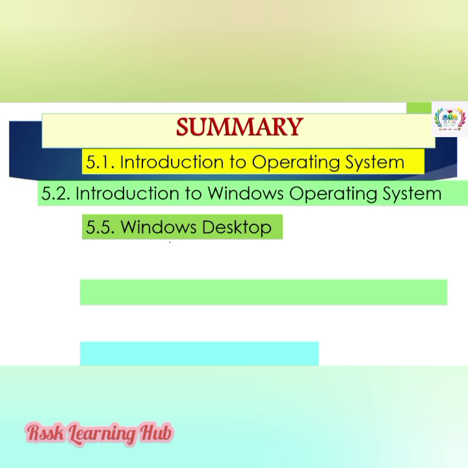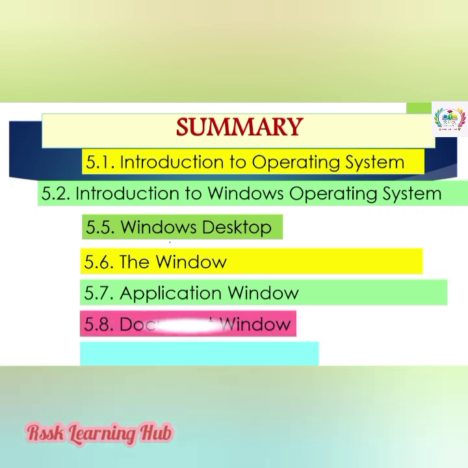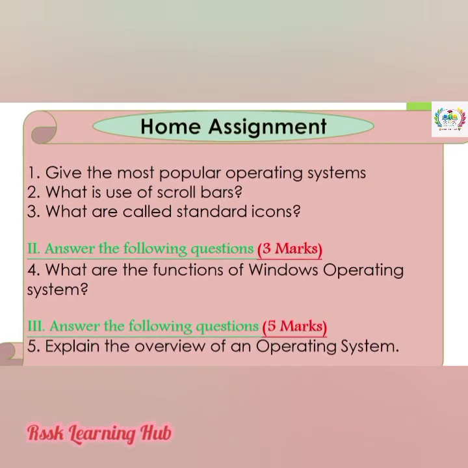Under that we learned about the various desktop usages with icons: standard icons, shortcut icons and disk drive icons. And we learned about what a Windows application window is, what the use of a document window is, and what the various elements of Windows are, right?